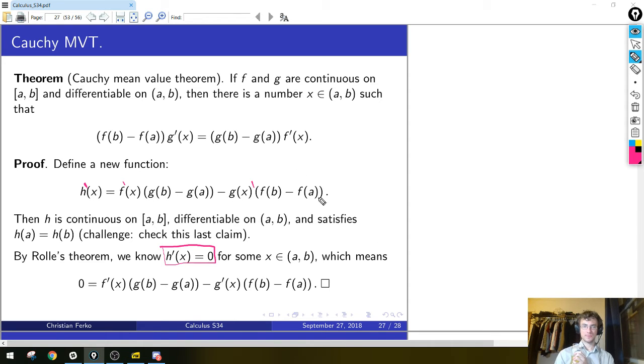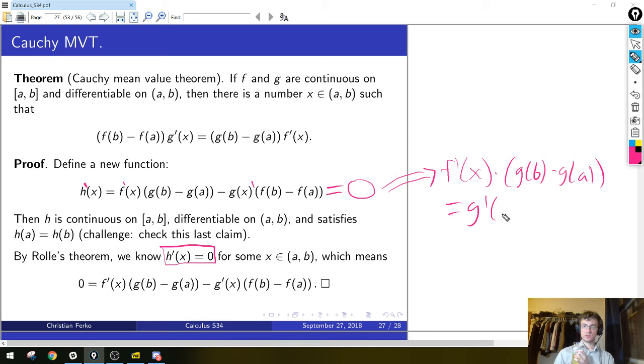So if we know there's a point x where this thing equals 0, then that means by adding the second term, the negative term, to both sides, that there exists a point x where f prime of x times g of b minus g of a equals g prime of x times f of b minus f of a, just added to both sides.